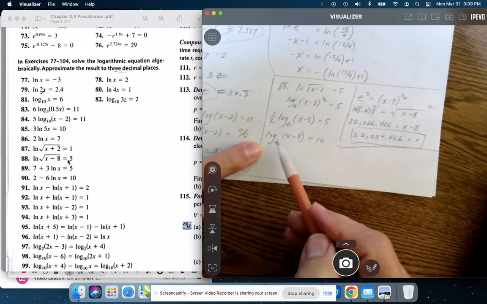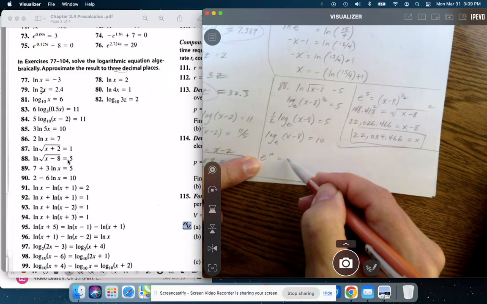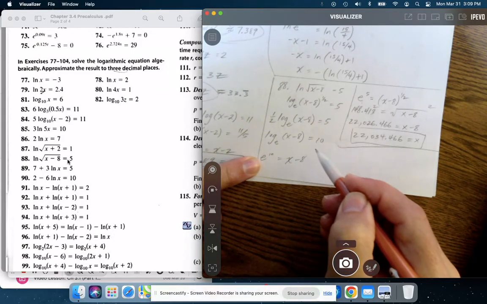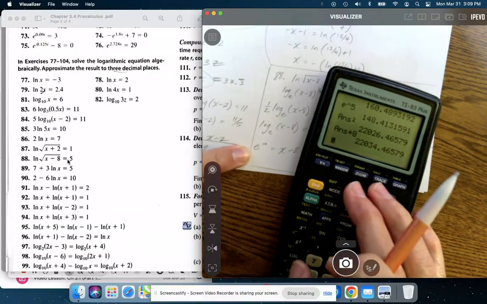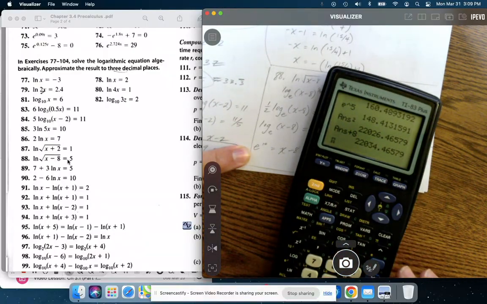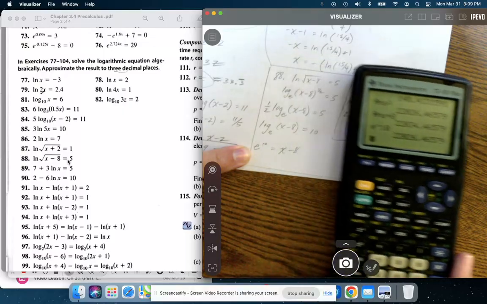Okay, now I can change it to exponential. So e to the 10 equals x minus 8. And e raised to the 10 is 22,026.